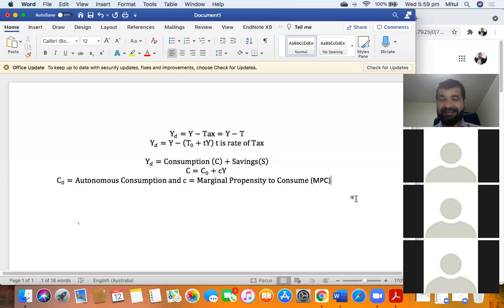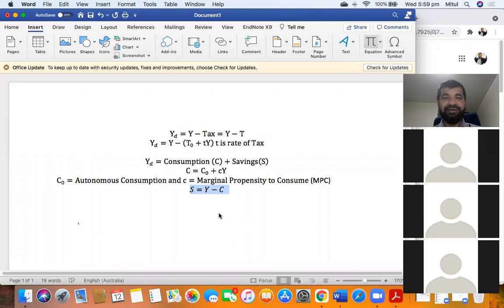So how do you make the savings? Let's talk about saving. Savings S is equal to disposable income minus the consumption. That's your savings.